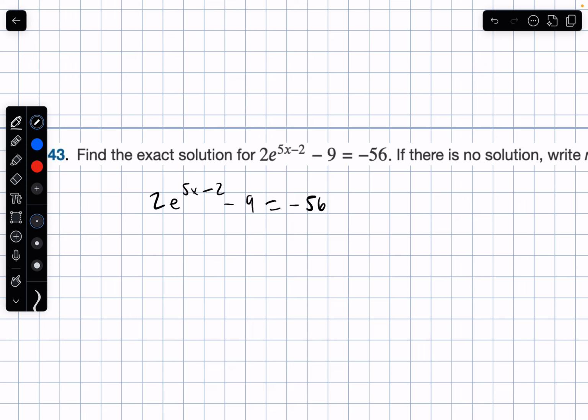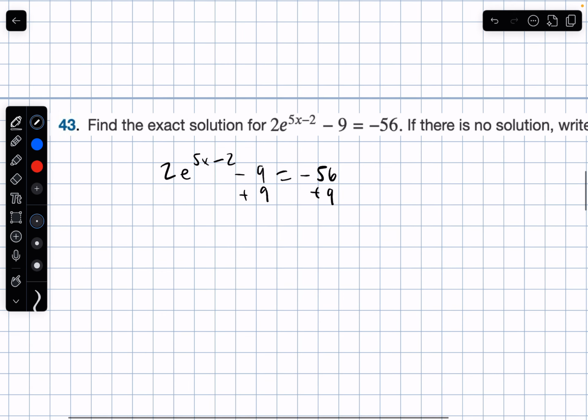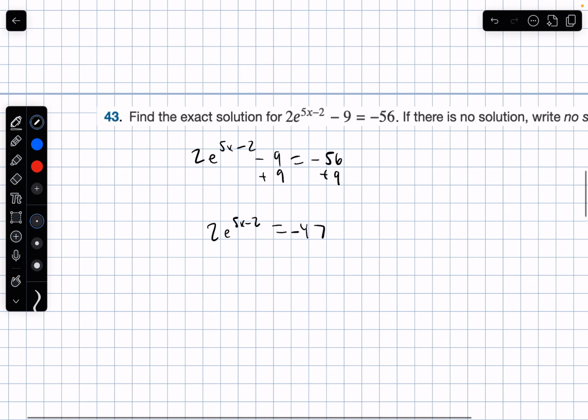I'm just going to go ahead and solve the problem, and then I'll wait a little bit before I come to conclusions. So 2e to the 5x minus 2 equals negative 47, and we're going to divide both sides by 2.